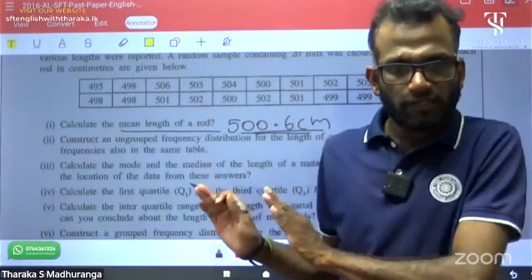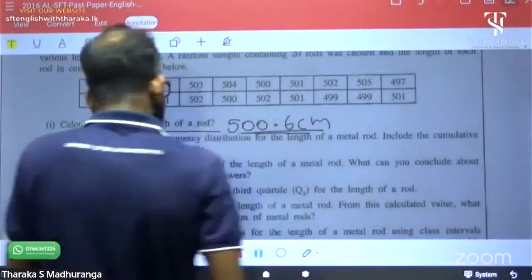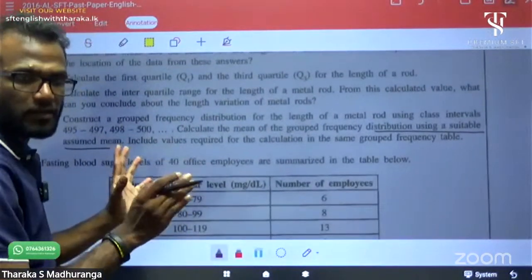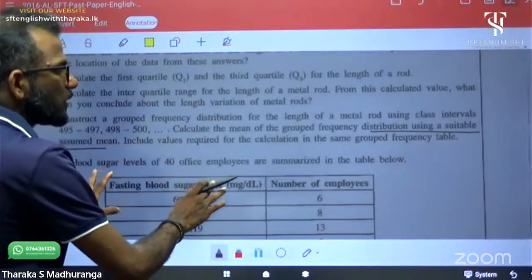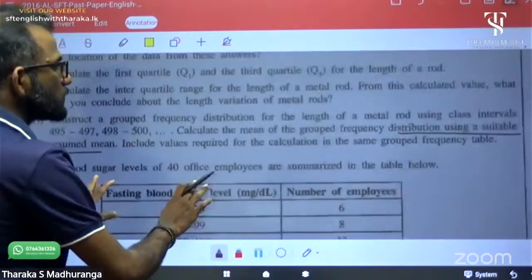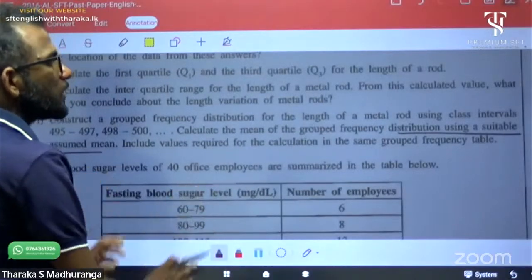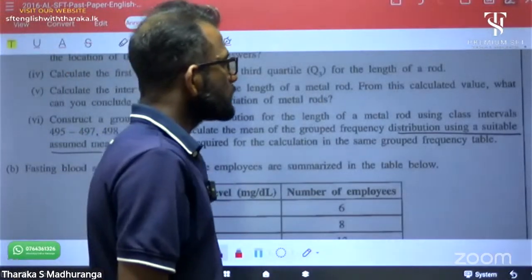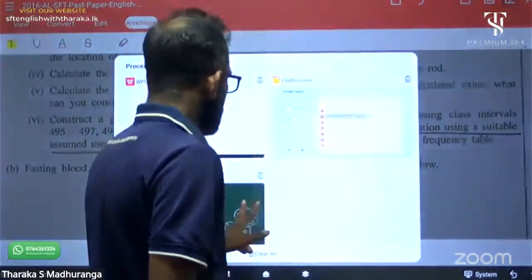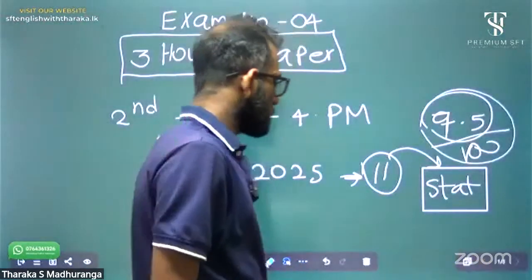Okay. Let's compare this answer with our group frequency answers. You can learn something from this question. Construct a group frequency distribution for the length of a metal rod using class interval 495. Okay, this is the group frequency distribution.